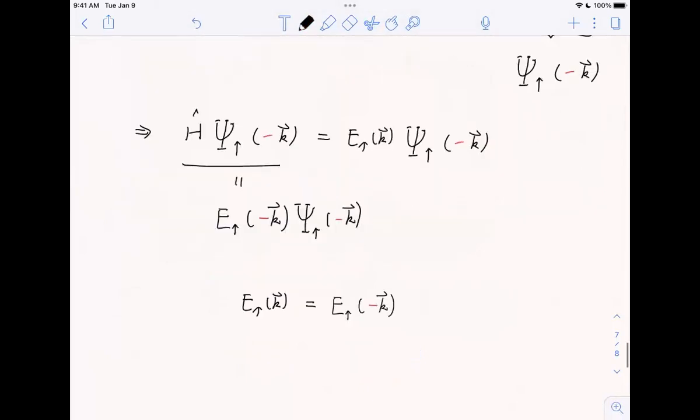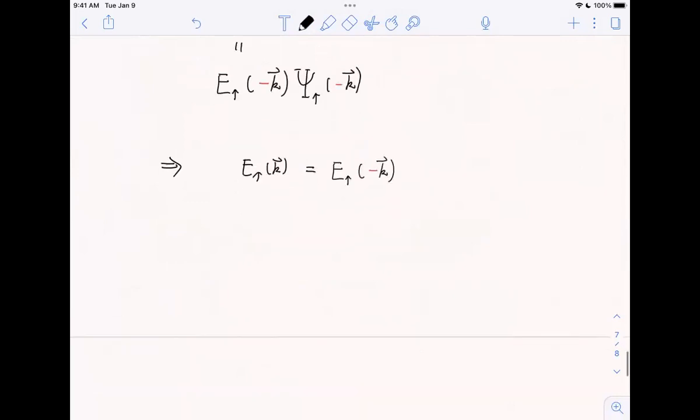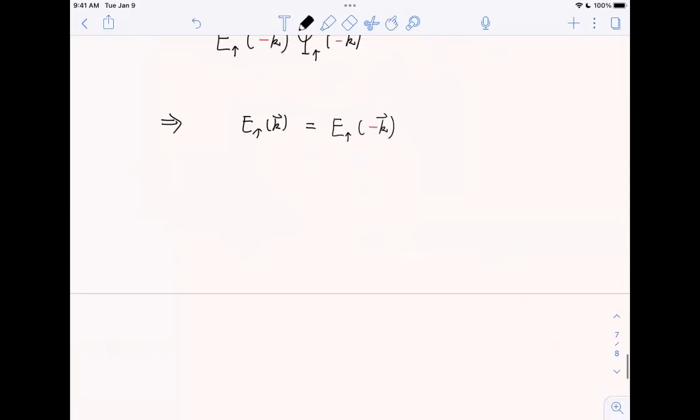So once you have the inversion symmetry, when you go to the other part of K, you have the same energy for both, and the spin does not change. This is the result of the inversion symmetry in the band structure. When you have a K value here and a negative K, if this is spin up, you have exactly the same spin up.